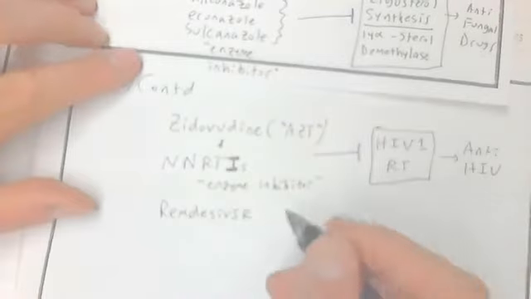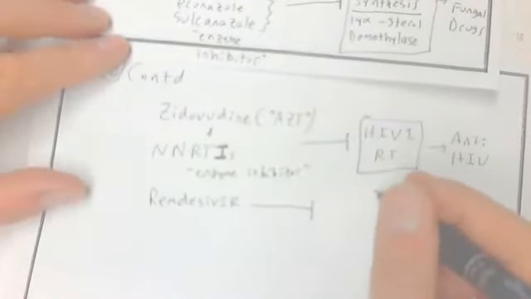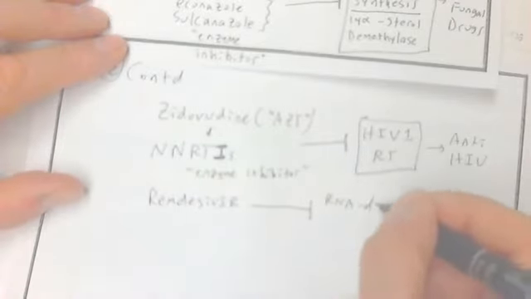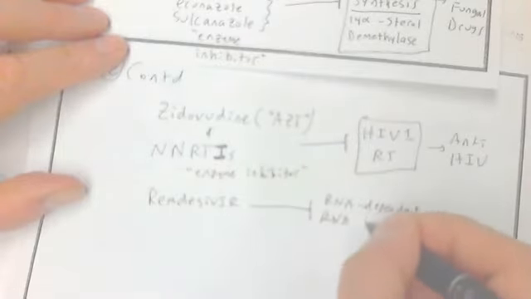Remdesivir is a similar kind of concept, but it inhibits a COVID-19 protein called RNA-dependent RNA polymerase, present in COVID-19.